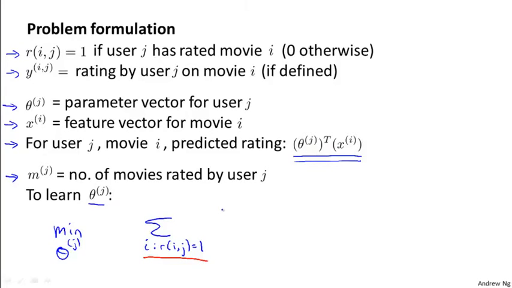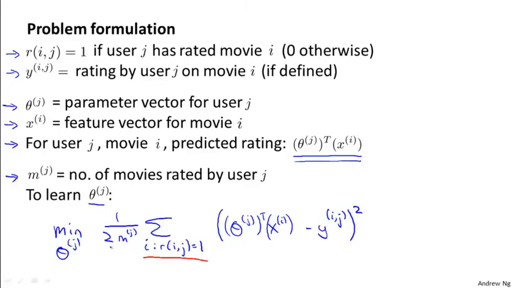So this is really summing over all the movies that user j has rated. And then I'm going to compute theta j transpose xi. So that's the prediction of user j's rating on movie i, minus Yij, so that's the actual observed rating, squared. And then let me just divide by the number of movies that user j has actually rated.